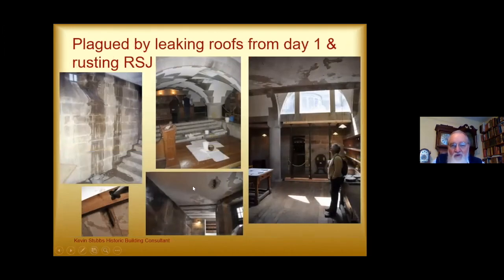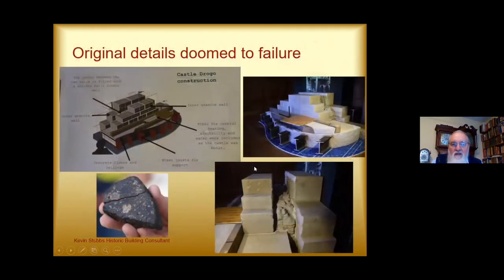So from day one, it's been a nightmare of leaks. The flat roofs have been concrete flat roofs with asphalt on top, reinforced with RSJs built in. Percolation of water, of course, has created rusting, and so a real headache that's been dealt with now over the last 3 or 4 years.